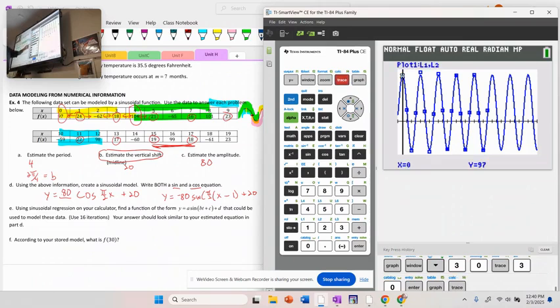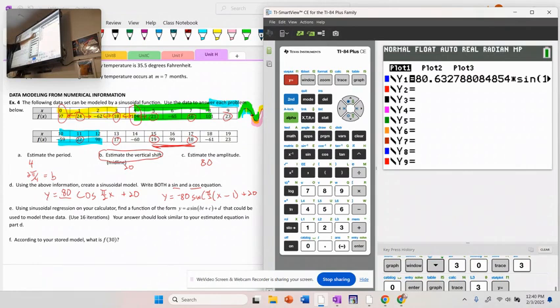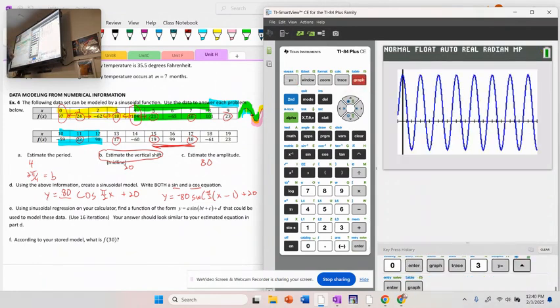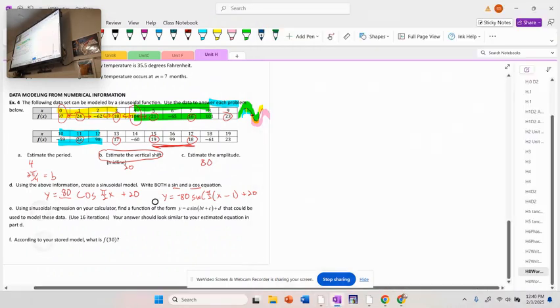Graph, trace, 30. Wrong. What do I have to do? I have to turn my plots off. Do you remember? You've got to turn your plots off to do that trace feature. Now I can hit trace 30. I'm glad I fumbled with that because I turned my plots on. -60.86731. That's on the downward swing. This wasn't even tied to anything.